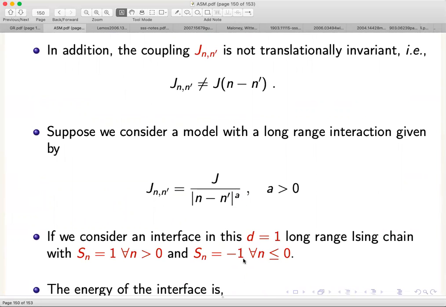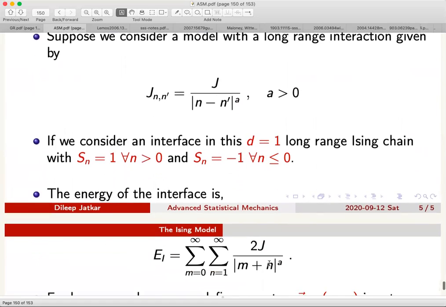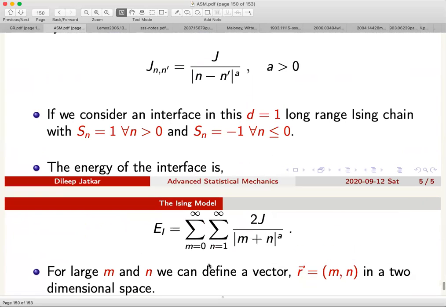Now we could ask, what is the energy of the interface? The energy of the interface is related to the J factor, and that is a sum over all m's, sum over all n's. One of them of course goes from 0, the other goes from 1, so slightly different sums. 2J upon m plus n.